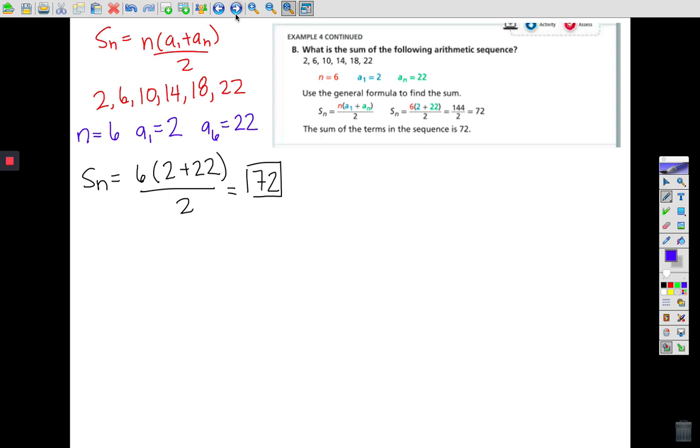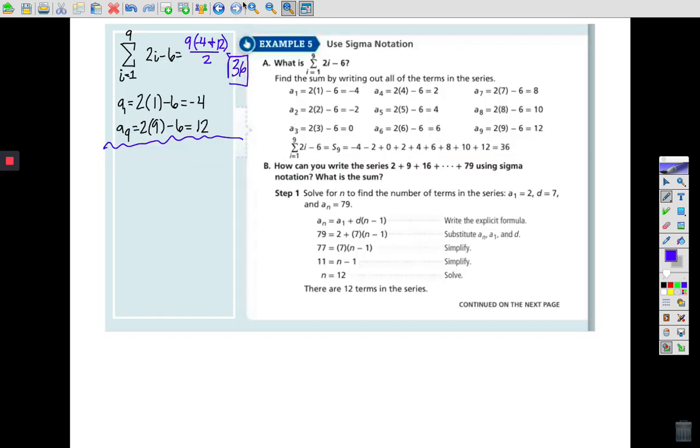So I have to first find my common difference in order for me to write my equation. That's why I even had to go down under example 6 for this one, because it is kind of a lot.